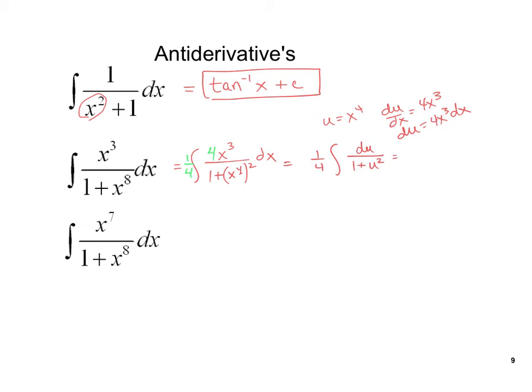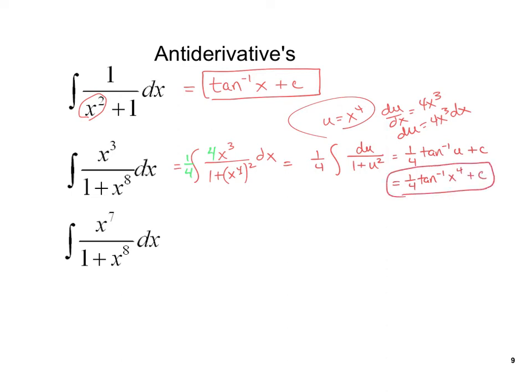And so this is really 1/4 times the inverse tangent of u plus c. But you can't leave your answer like that. You have to change it back into x's. So it's 1/4 inverse tangent of, and what was u? It's x to the 4th, so it's inverse tangent of x to the 4th plus c.